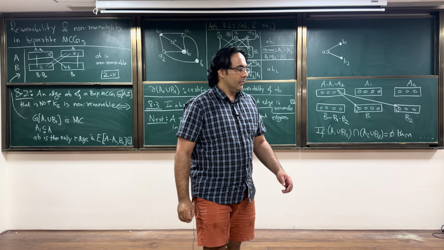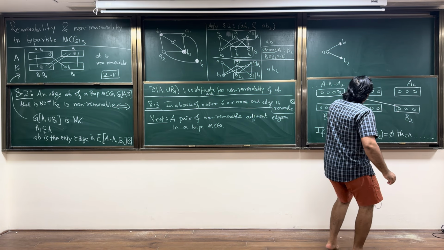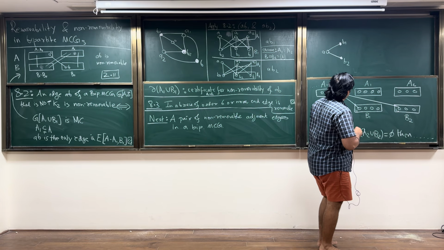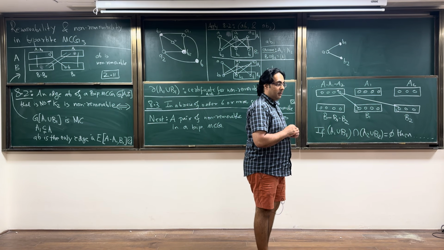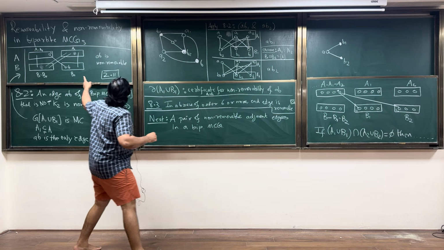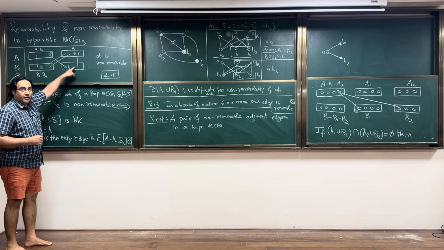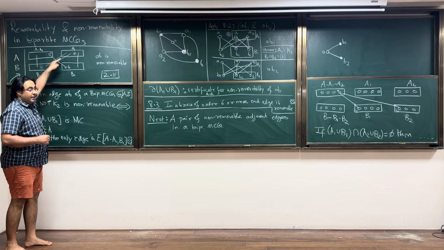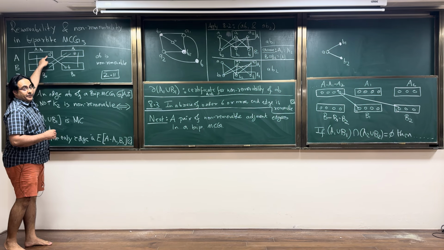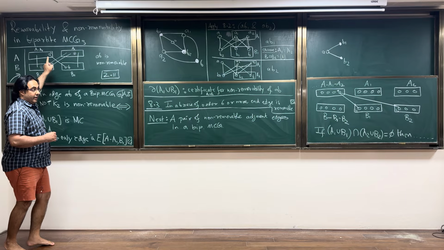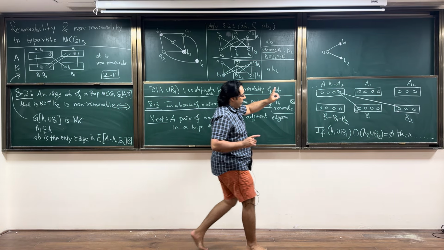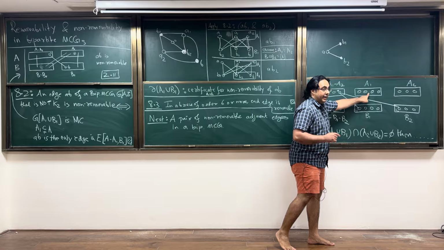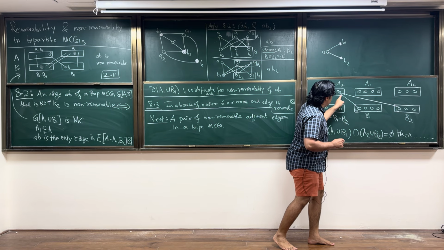And now let's figure out what is the neighborhood of B1 in this graph. It is A1. And the only edge going out is this fellow. In fact, we can make a stronger statement. The only edge going from B1 to A minus A1 is this edge.